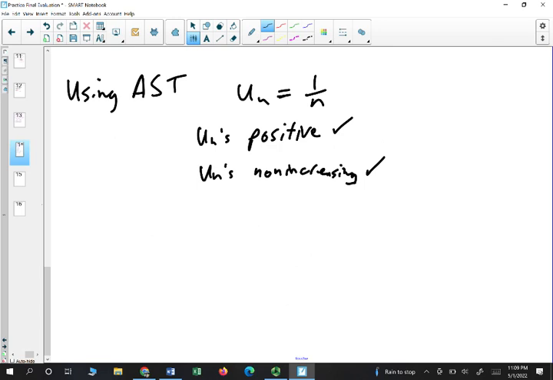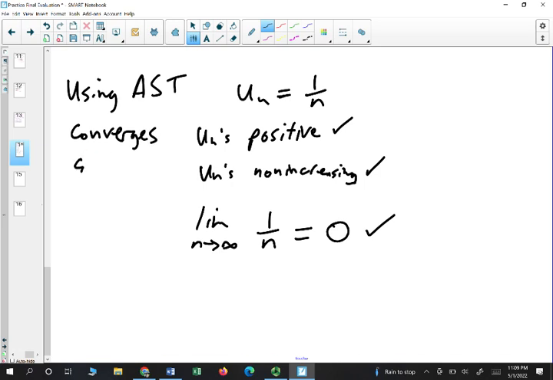And then the limit as n goes to infinity of 1 over n, what would that be? Would it be 0? Right? Limit of 1 over infinity would be 0. Okay, so therefore we would say, using the alternating series test, it converges conditionally.